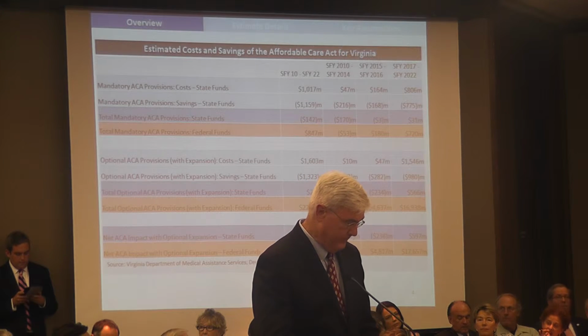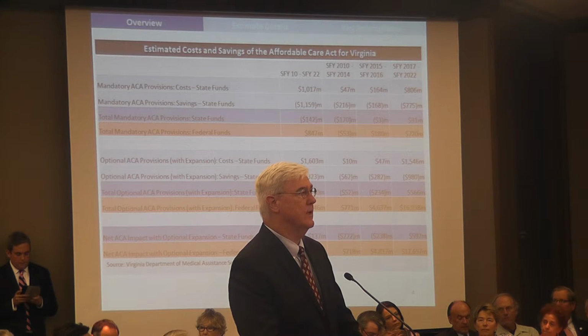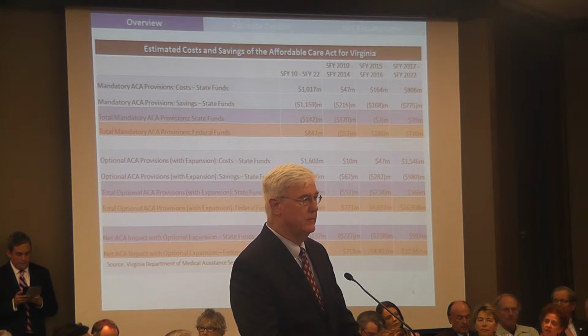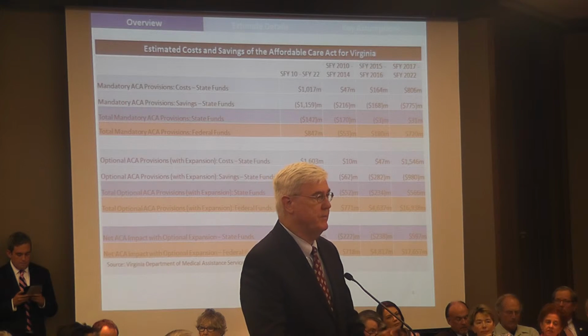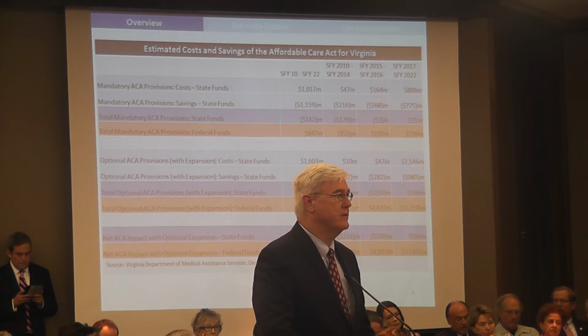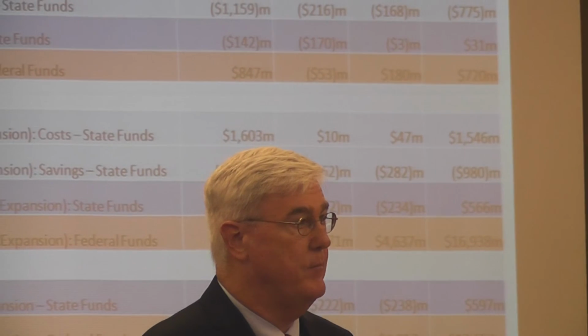The next two lines, the second set of light blue lines, relate to the optional provision, which is essentially the Medicaid expansion. If there were a Medicaid expansion beginning in January 2014, the estimated cost to the state was $1.6 billion over the entire time period.